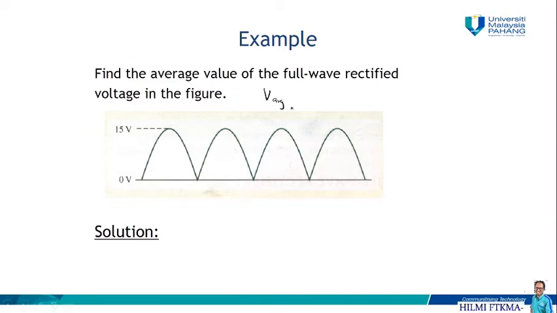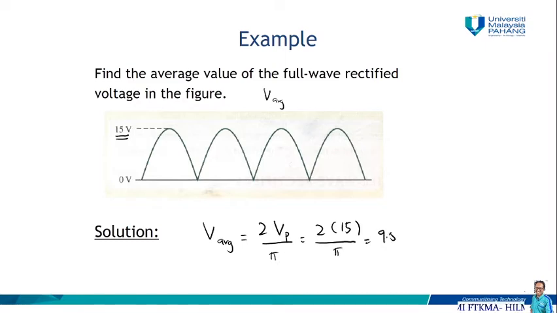The solution is easy: V average is equal to 2 times the peak input voltage over pi. So we have 2 times 15. What is the peak voltage? It is 15 volt, over pi, which gives 9.55 volt.